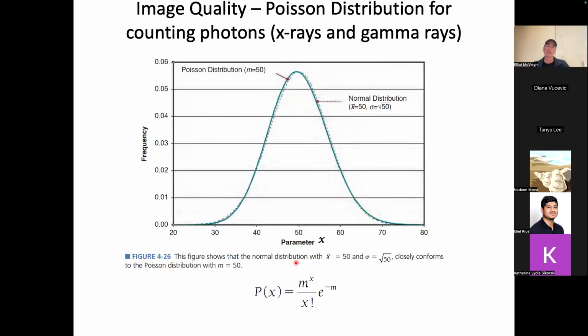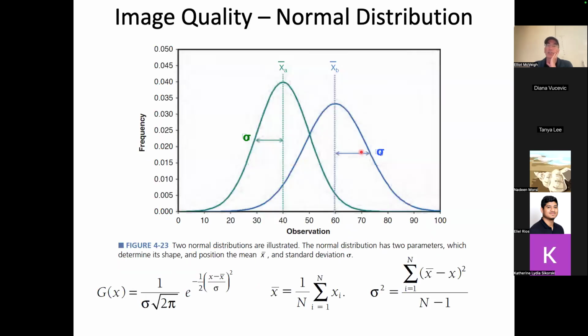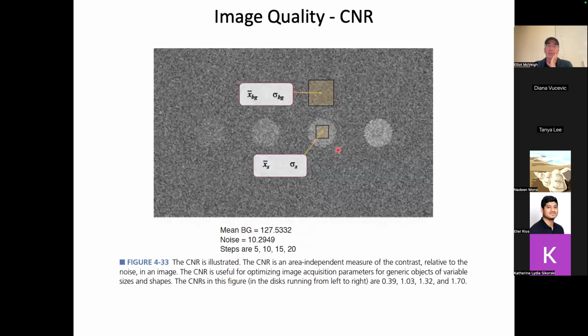Another way of writing it is the Poisson distribution with large M. So if you have a large mean, you'll get a function that's exactly like the Gaussian function. It turns out when you have very low numbers of photons, the distribution changes. We'll look at that in a minute. But most of the time, we're going to assume things have this kind of functional description. And so you can look at something like this as your contrast to noise.